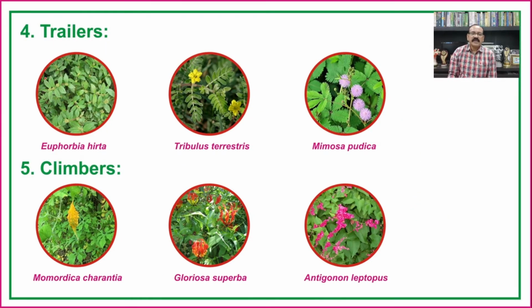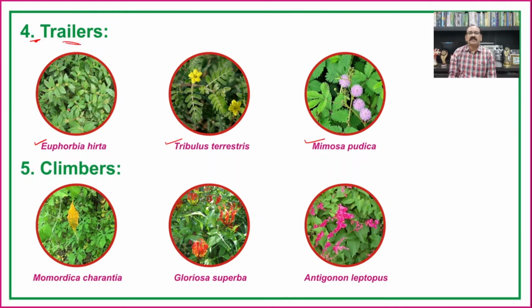Then there are certain plants having the habit of trailers, like Euphorbia hirta, Tribulus terrestris and Mimosa pudica. These plants usually grow trailing on the surface of the soil, and because of that they are named trailers.